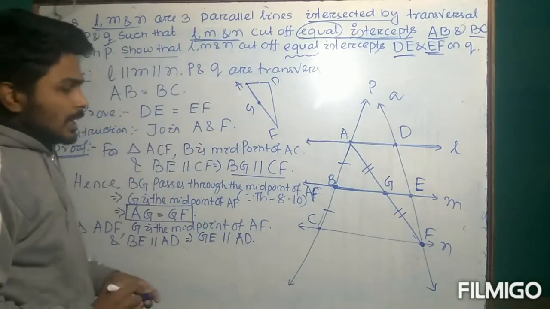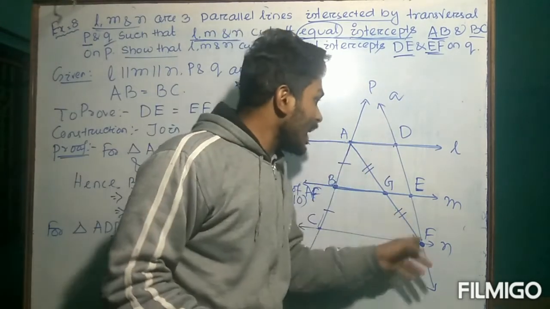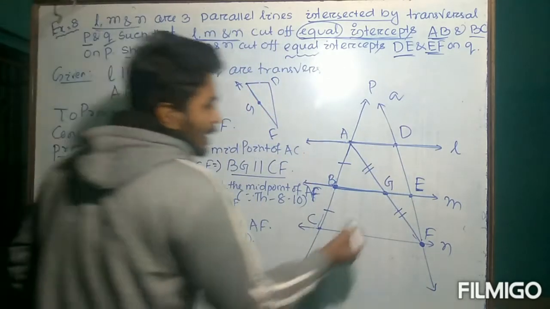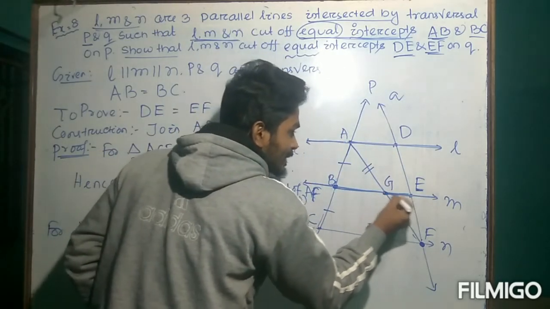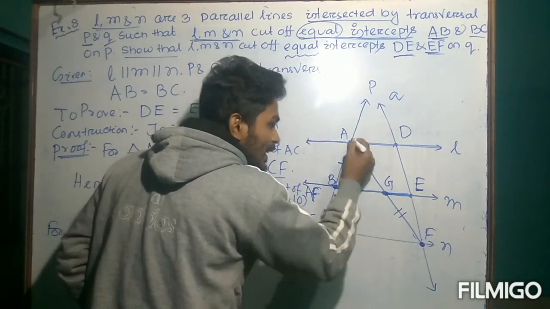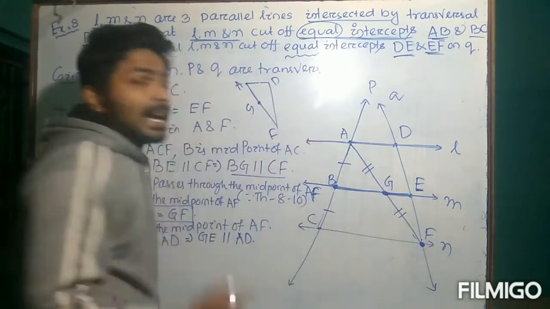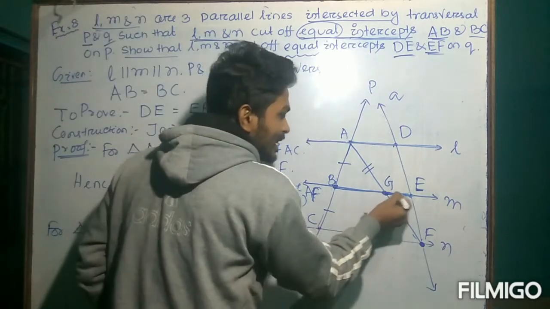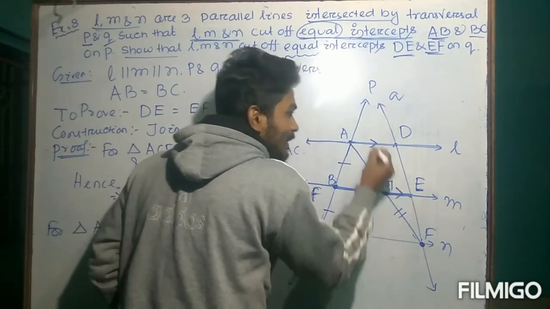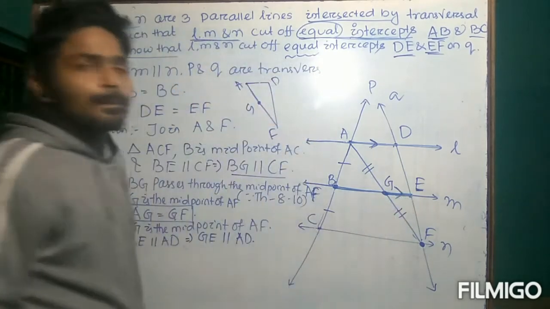Is it clear? So what have we found in this triangle AFD? In this triangle AFD, we have found that the line segment GE passes through the midpoint G of the side AF, and this line segment is also parallel to L or AD, isn't it?